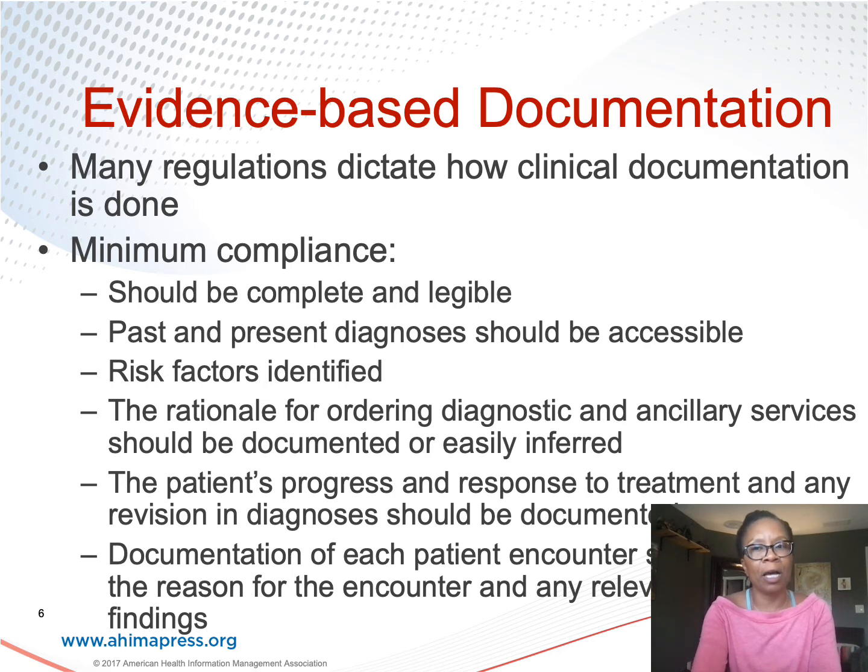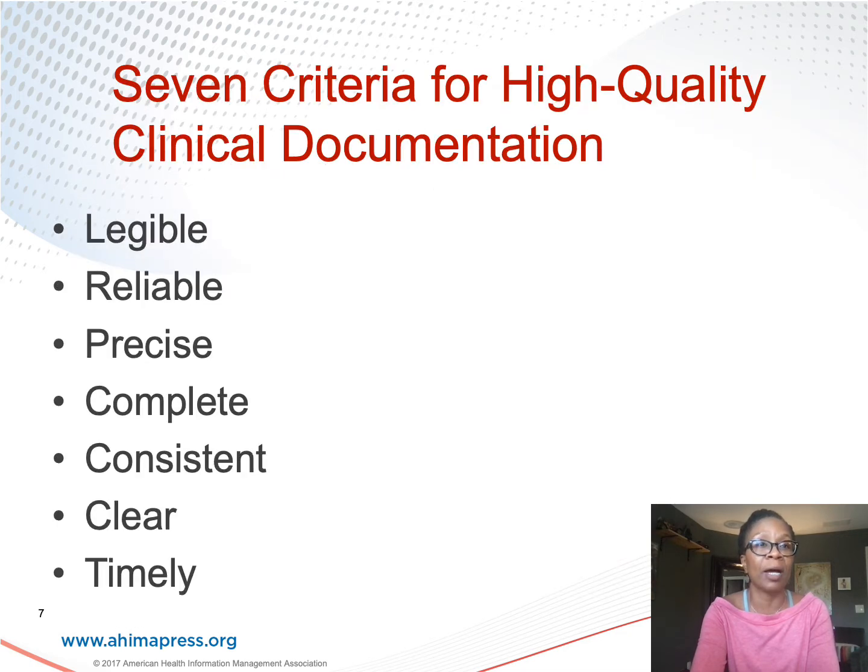So now we're going to talk more about the criteria for high quality clinical documentation. If physicians are trained in the 7 criteria for high quality clinical documentation, the quality of their clinical documentation will improve.